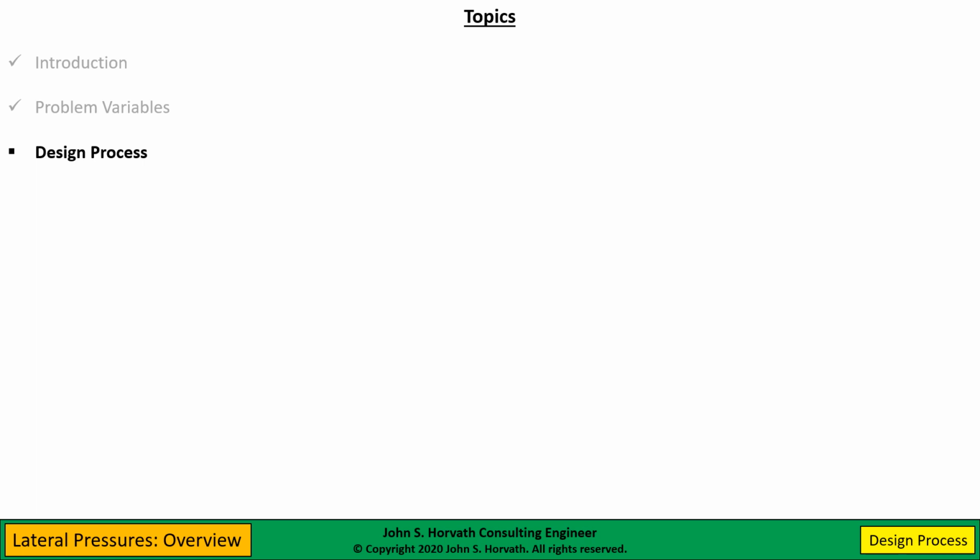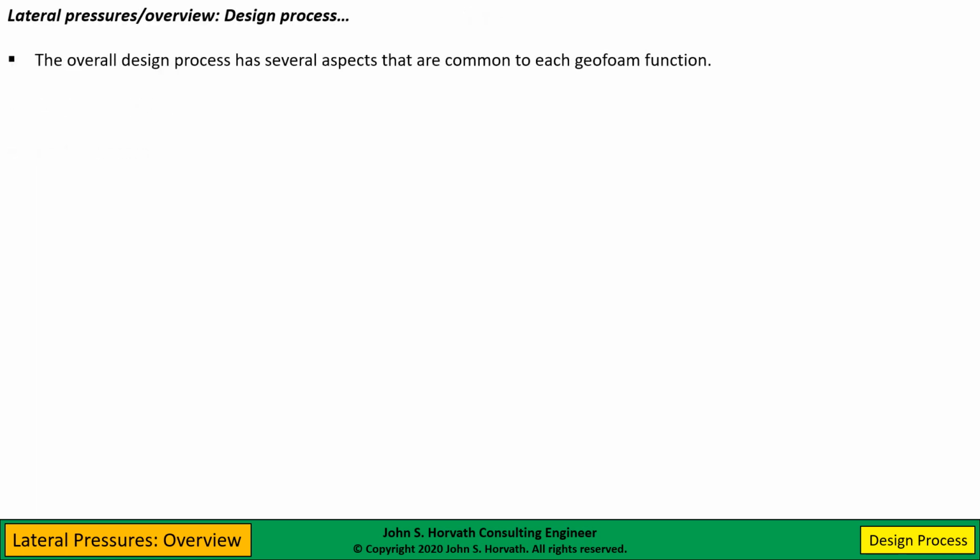Let's talk a bit about the design process itself. There are several aspects to the design process that are common to both the compressible inclusion and lightweight fill functions for reducing lateral pressures.